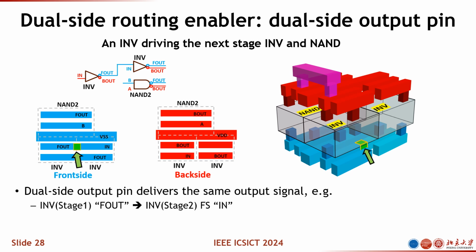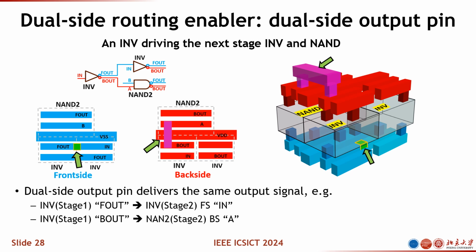In this case, you can connect the front side output pin to the input pins of the inverter on the wafer front side. And for the wafer backside, you can connect the backside output pins to the input pins of the NAND on the wafer backside. By doing this, you can have the routing placed on both wafer front side and wafer backside. This is just a demonstration of how we can do dual-side interconnects.